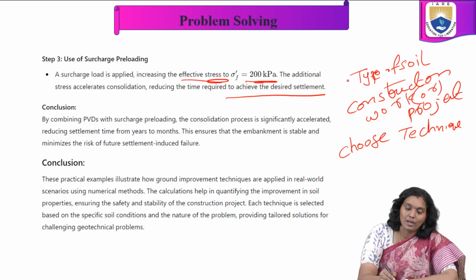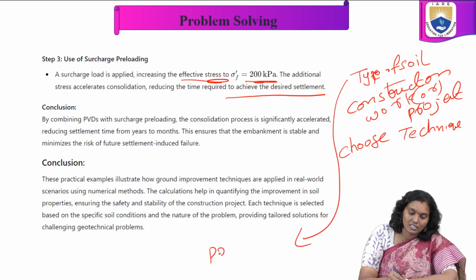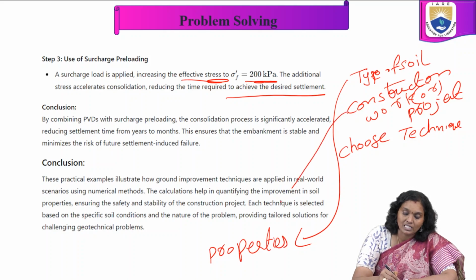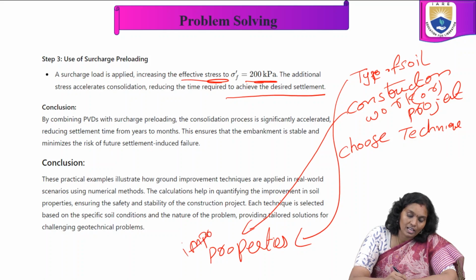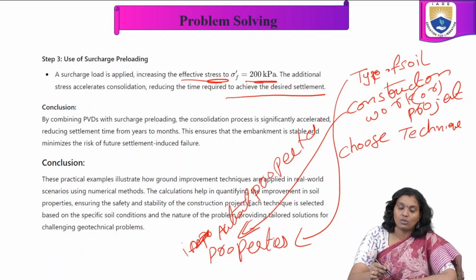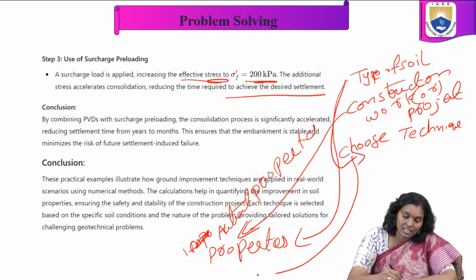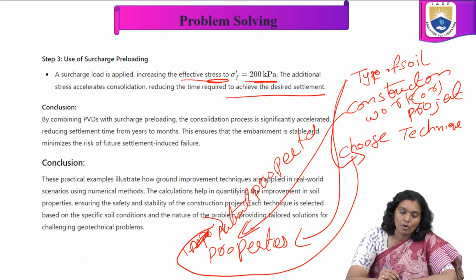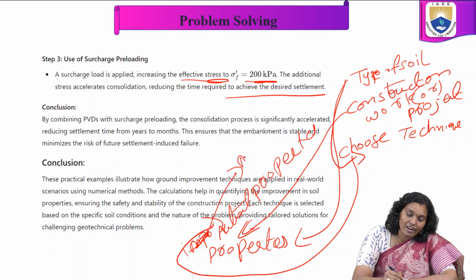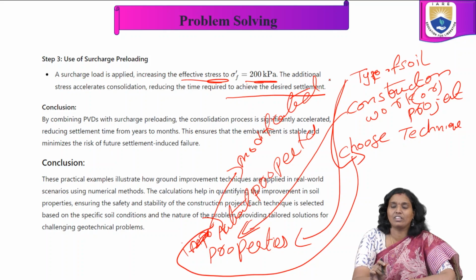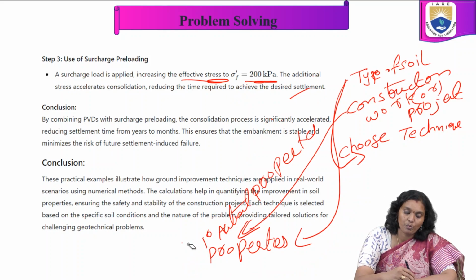Why? Because the type of soil gives the properties of that particular soil, and based on the construction type we understand the most important parameters, the actual properties we want to improve. So we choose the technique based on whether these properties are going to be modified by it or not. These are the things we understand in our ground improvement techniques.